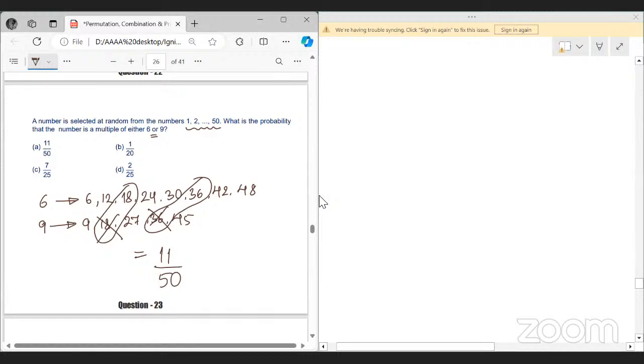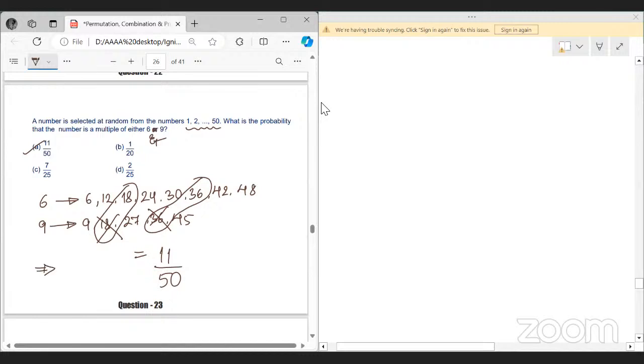So it is 11 upon 50. If the question was the probability that the number is a multiple of 6 and 9, then the answer will be 2 by 50, or 1 by 25.